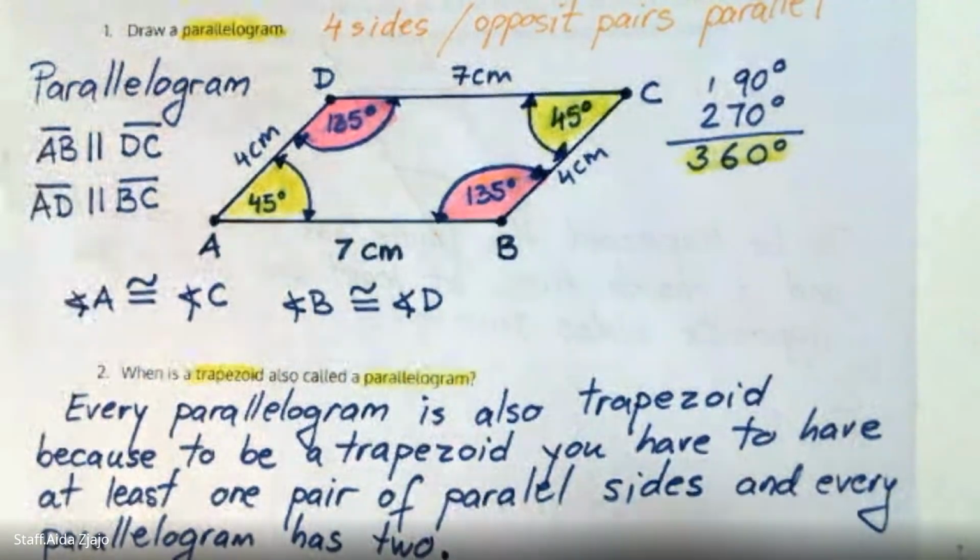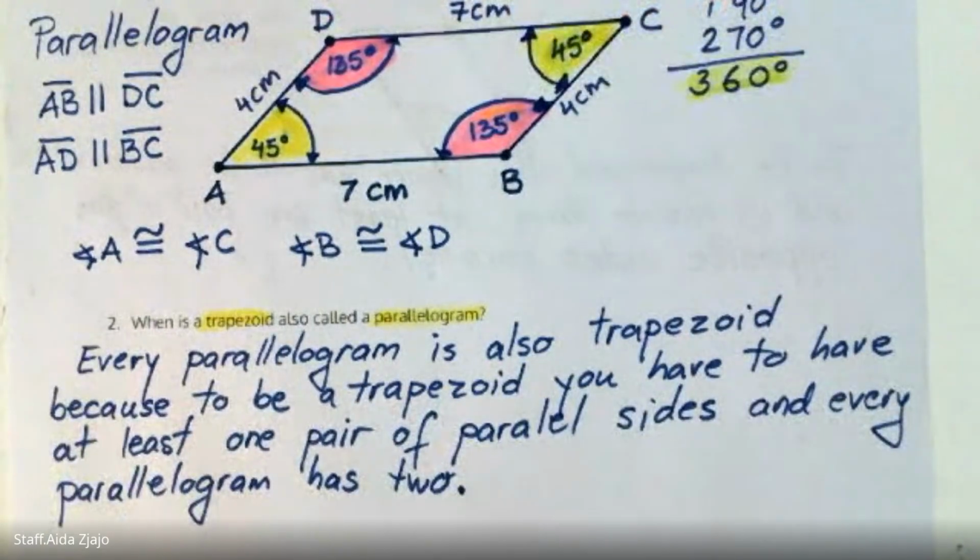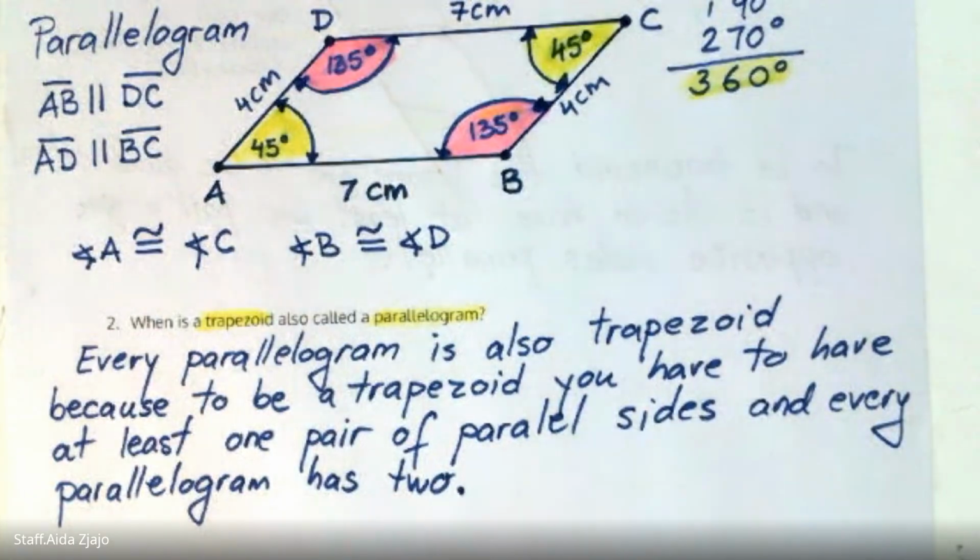Okay, so every parallelogram is a trapezoid, but not every trapezoid is a parallelogram. Because to be a trapezoid, you need to have at least one pair of parallel sides.